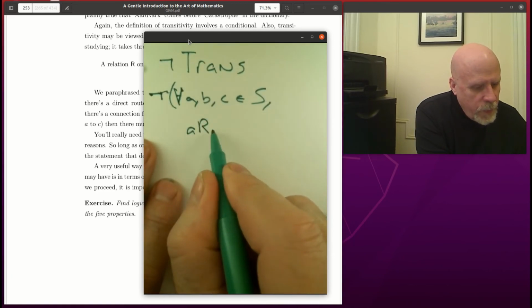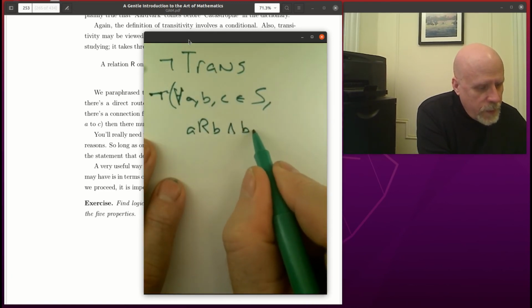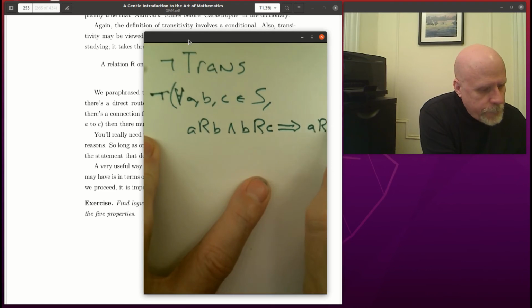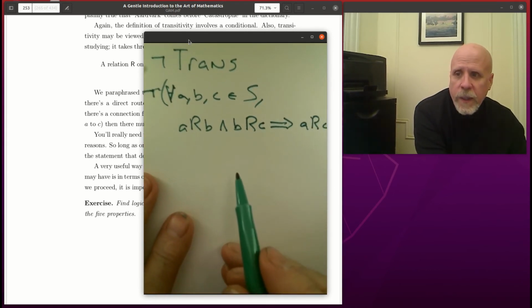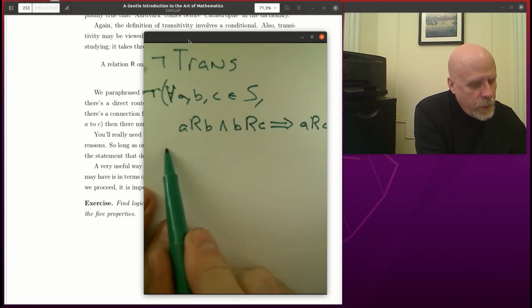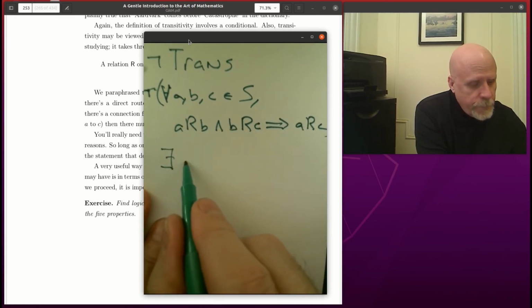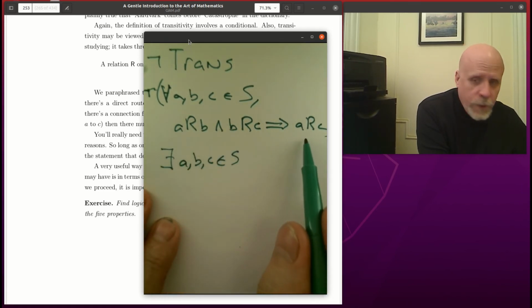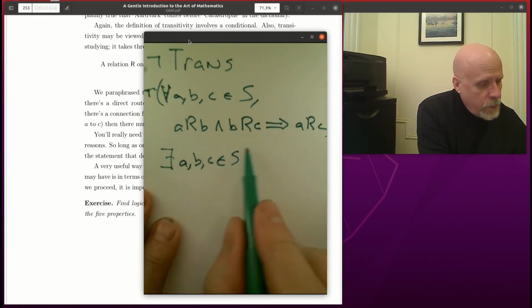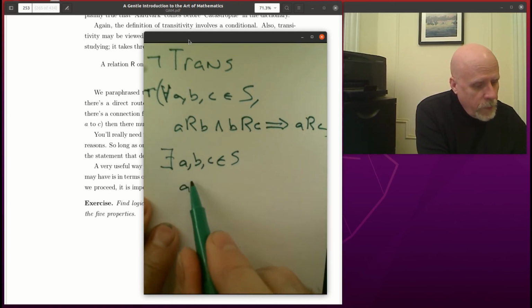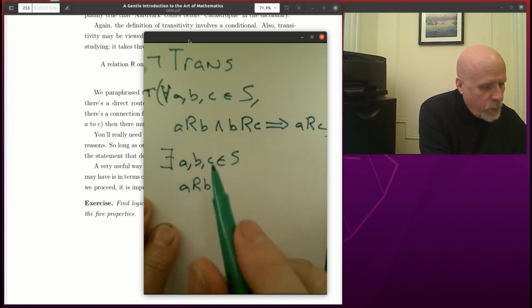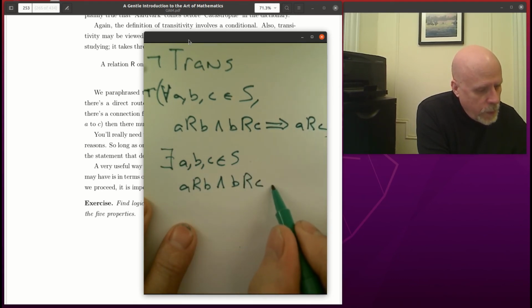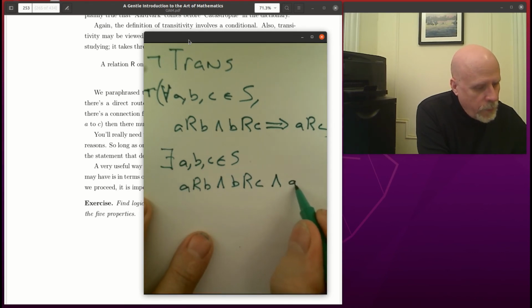That A is related to B and B is related to C implies A is related to C. If we carry out that negation, it becomes existentially quantified. And we just need to negate this if-then. Well, that's nice because it turns into a string of ands. The if part of our implication will be true, A related to B and B related to C, and the not of that, A is not related to C.